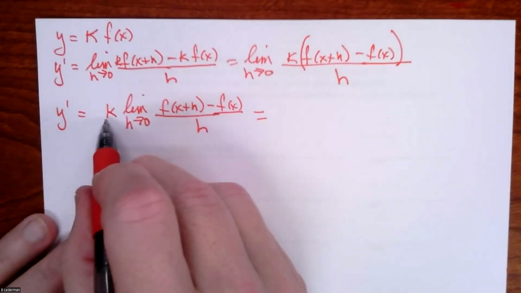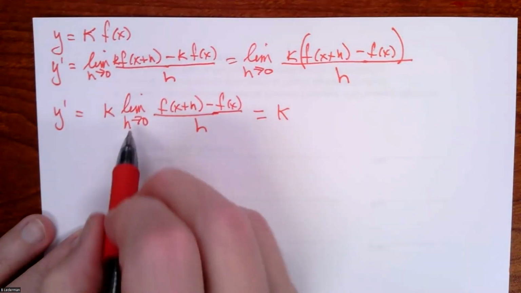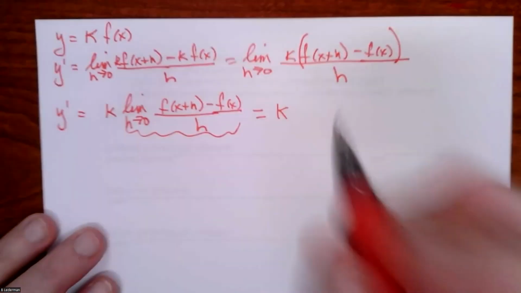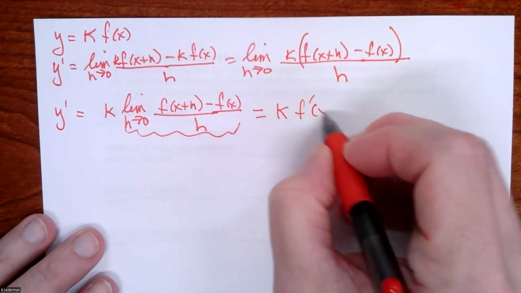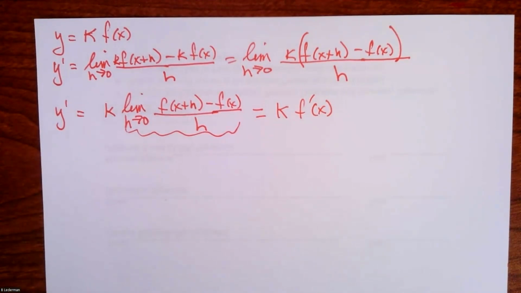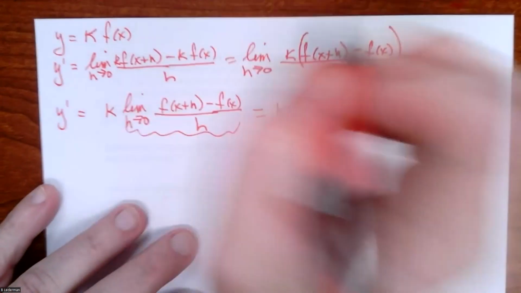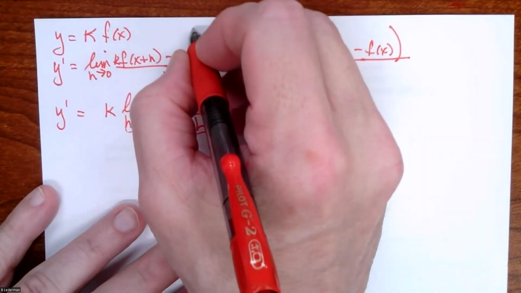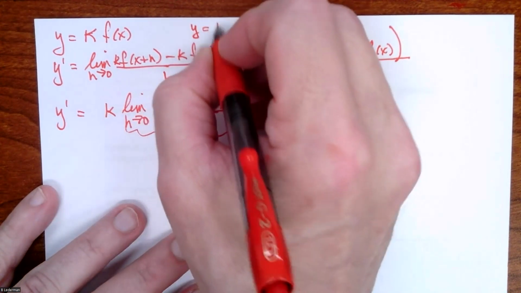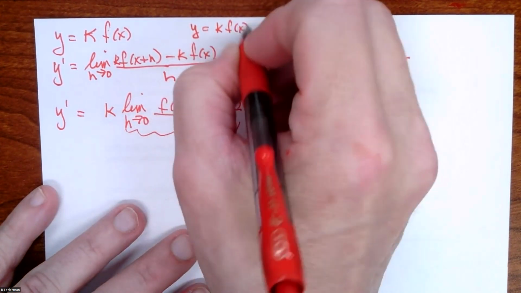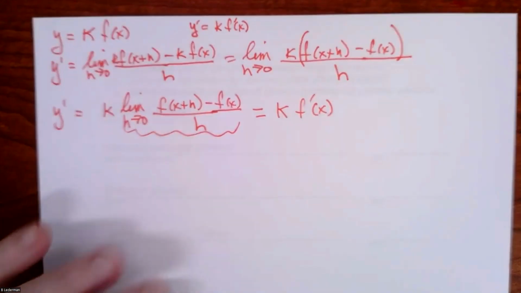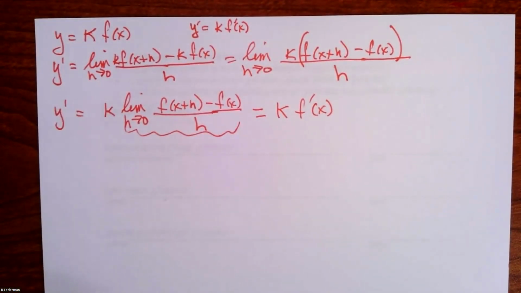Well, that's k, the constant. The rest of this part over here is just equal to f prime. So what we see here is that if y is equal to k f of x, then y prime is just equal to k f prime of x.